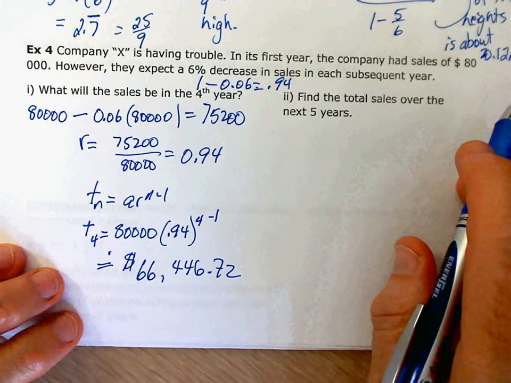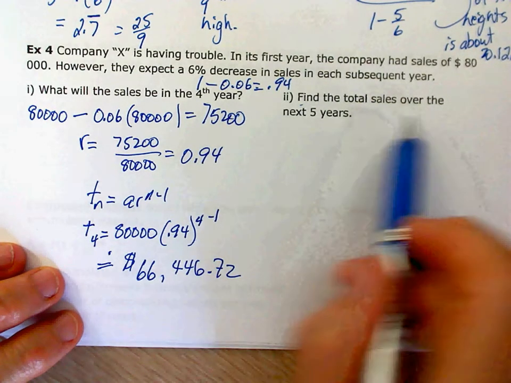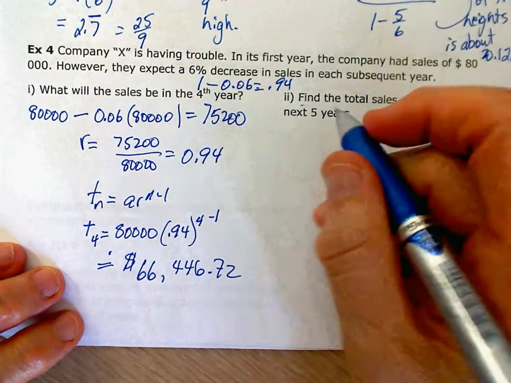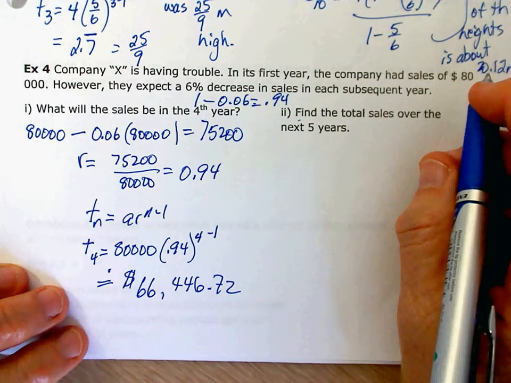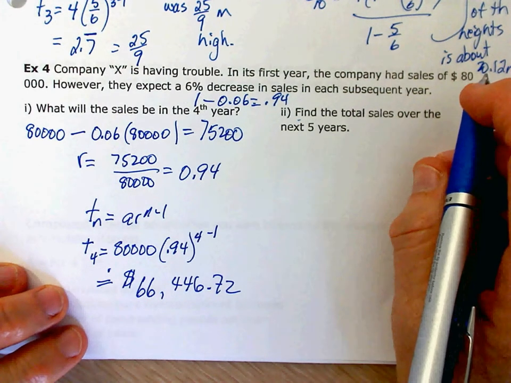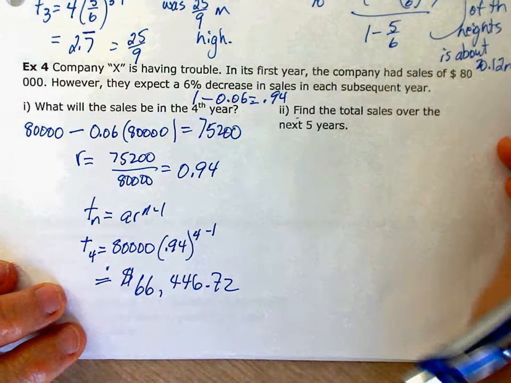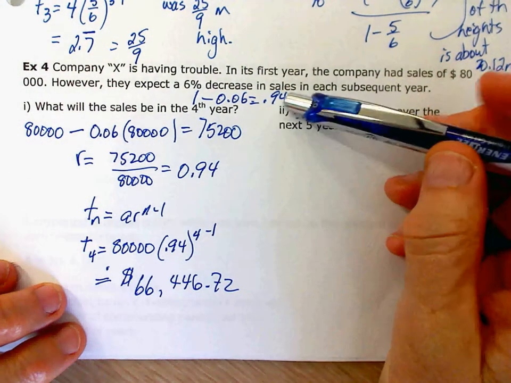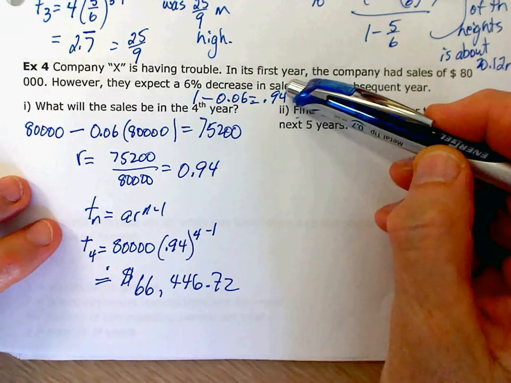Find the total sales over the 5 years. Ms. Kaczynski, so it's 6% off every year, right? So from 75,200, you subtract 6%. You can either multiply the previous term by 0.94, or you can subtract 6%.